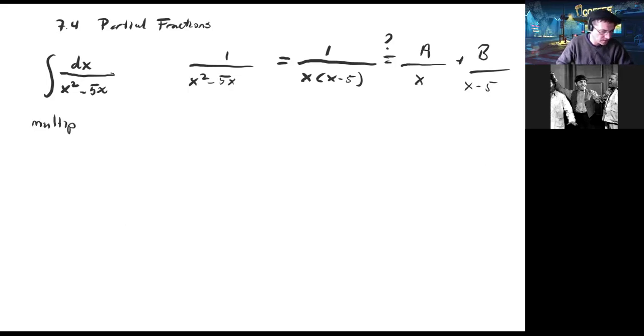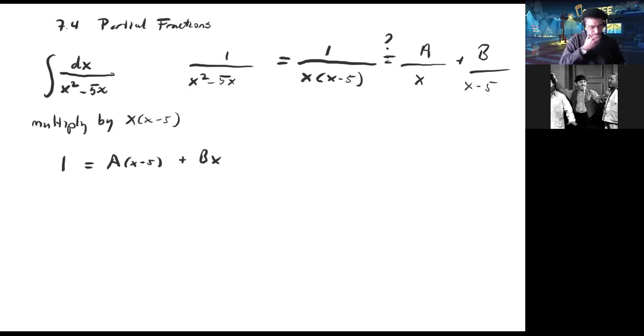both sides by x times x minus 5 of this equation with the question mark over it. So what are you going to get? You're going to get 1 is equal to a times x minus 5 divided by x, which is the same as a times x minus 5, plus b times x.